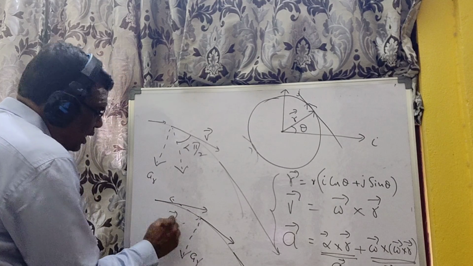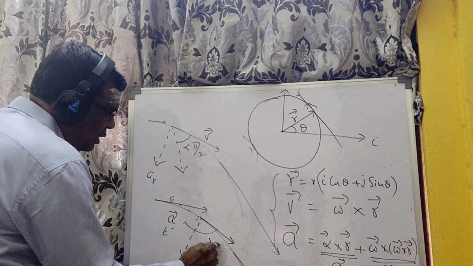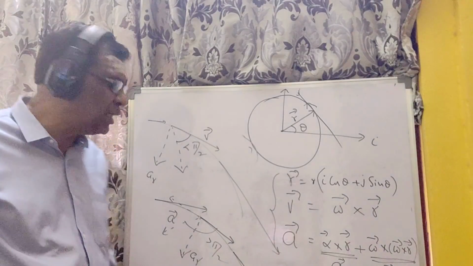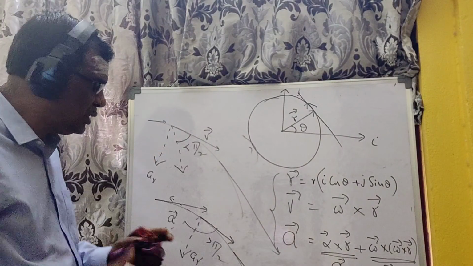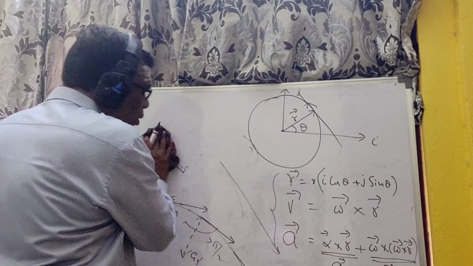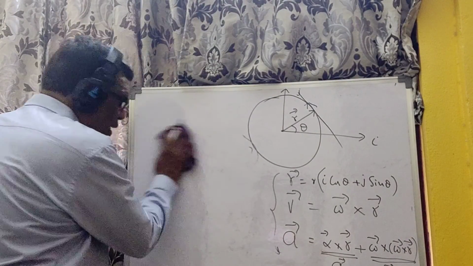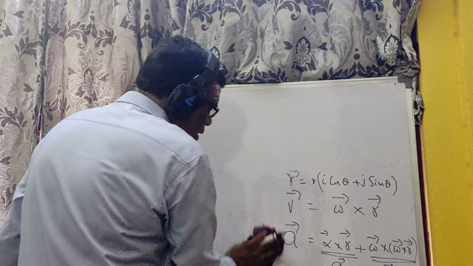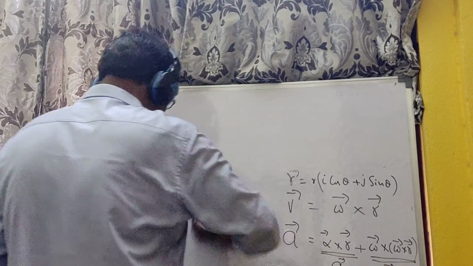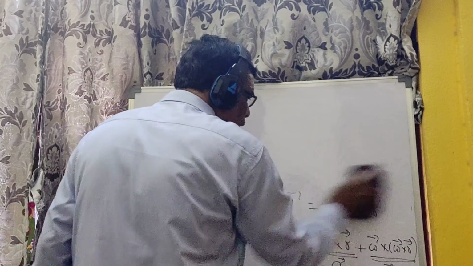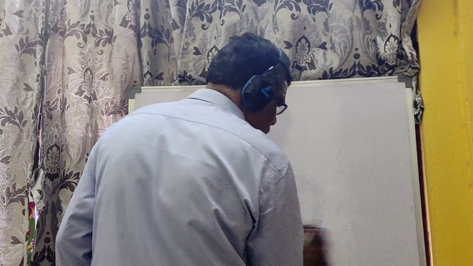Therefore, your total acceleration makes an angle more than pi by 2, an obtuse angle. This is what I discussed in my previous lecture. The purpose of giving a recap of this in great detail is that you should always remember this. Okay? Right.